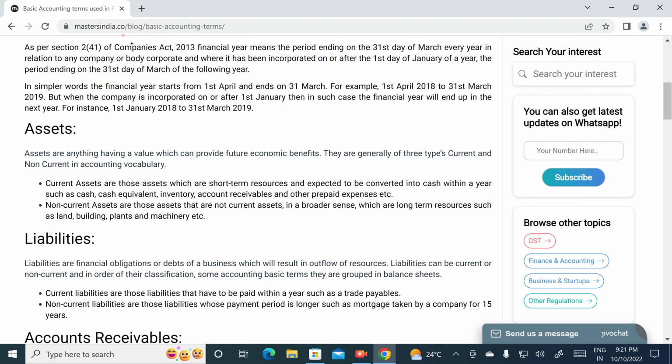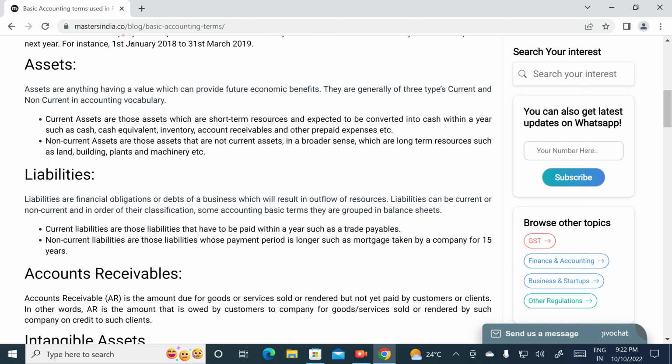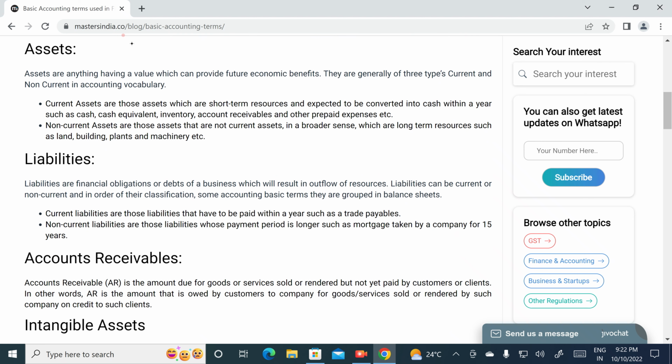If I'm having a pen, it is also my asset in the business because I'm using it to earn profit. So everything which provides me the economic benefit in the future is known as my asset. And third, the liability is the obligations or the debt of a business which results in an outflow of resources from the business.